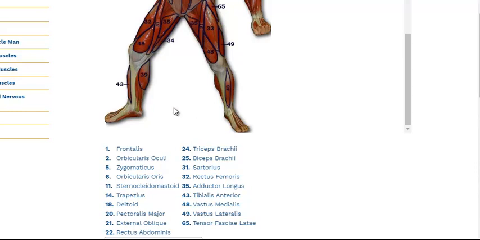So be aware of what's going on there. And then we get down to the tibialis anterior. So of course it's going to run along your tibia, and the fact that it says anterior is on the front of your body. So remember, the front of your body is anterior and the back is the posterior.